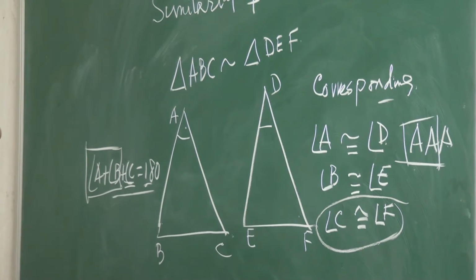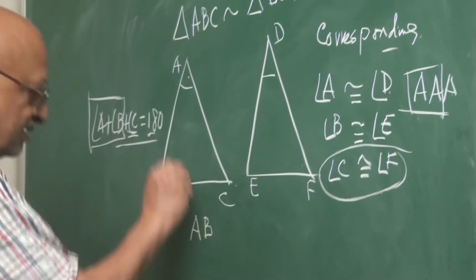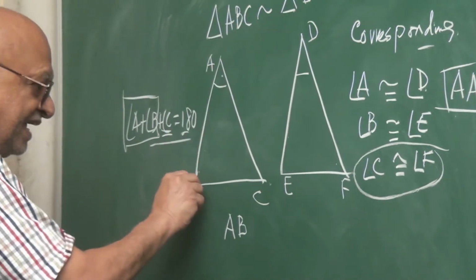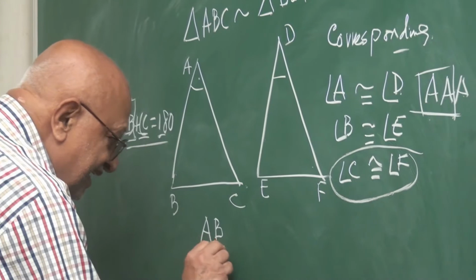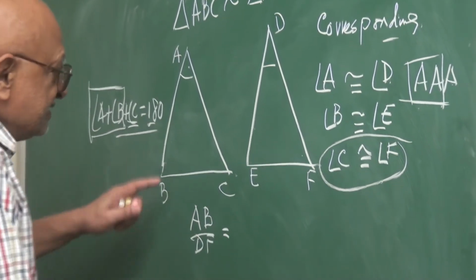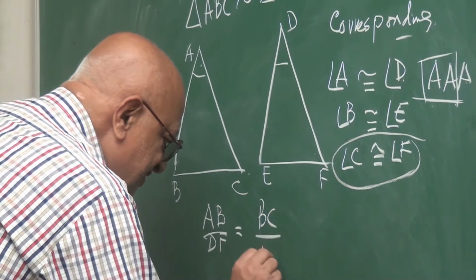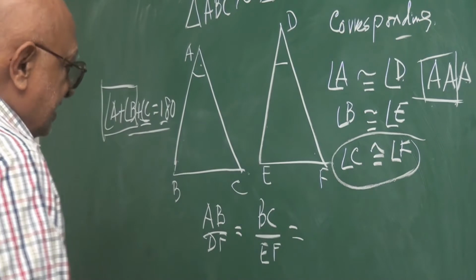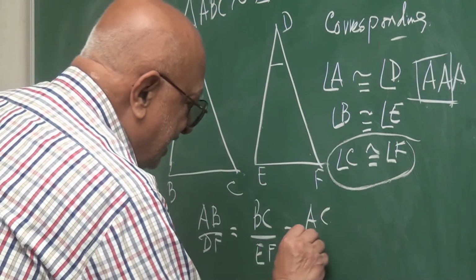Another important thing is again the corresponding sides. So if I take AB by DE, that is equal to BC by EF, and that is equal to CA by FD.